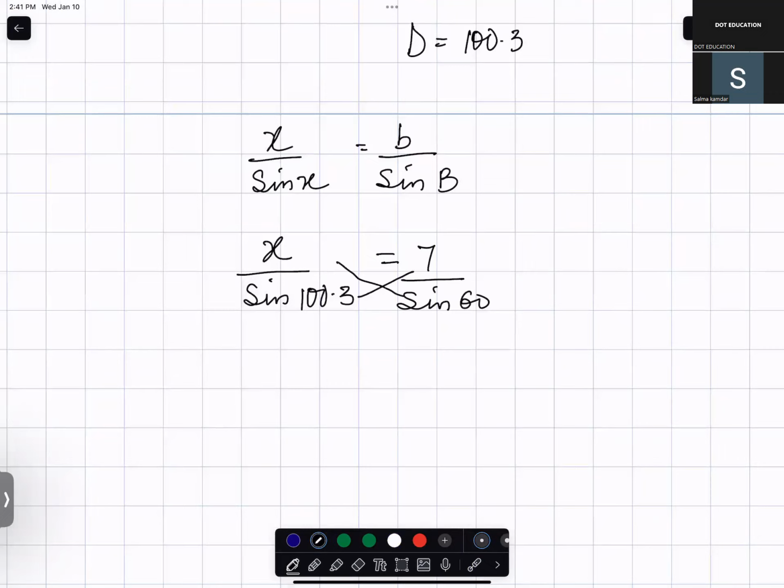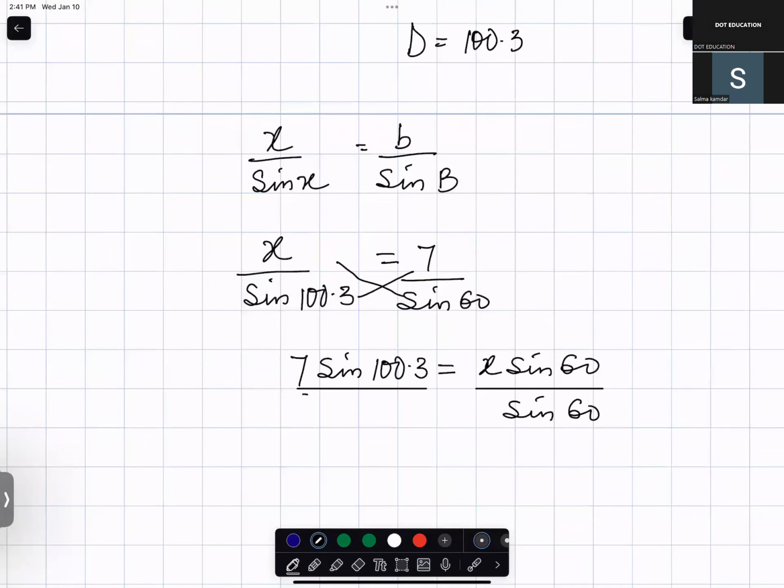So we cross multiply. We have 7 sine 100.3 equals x sine 60. We divide both sides by sine 60.